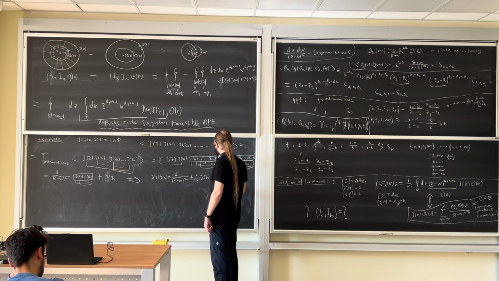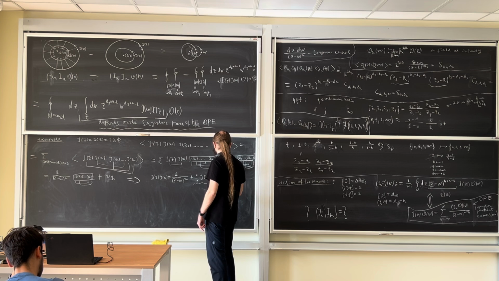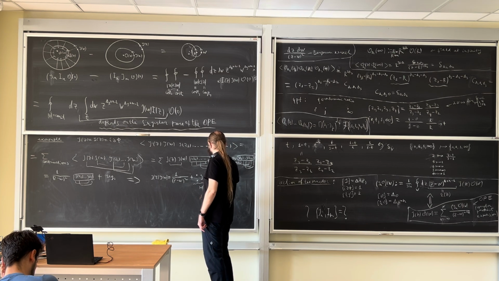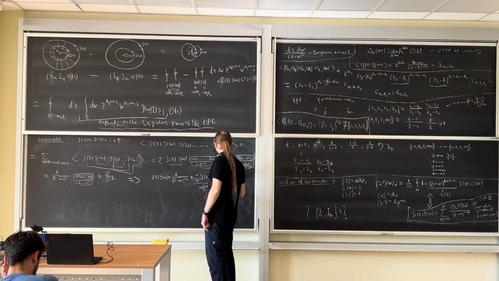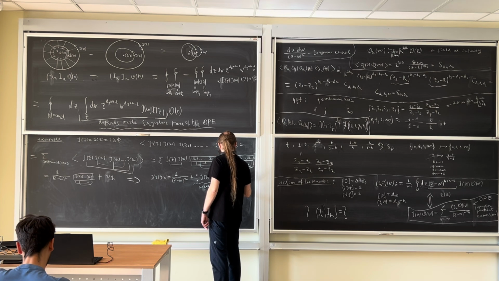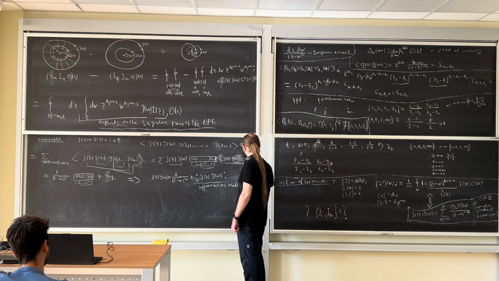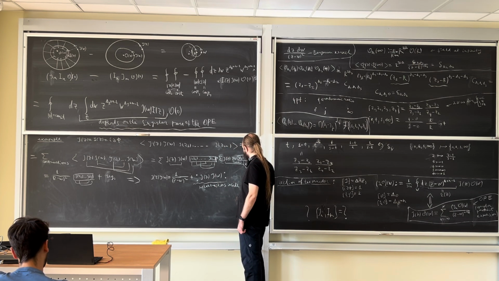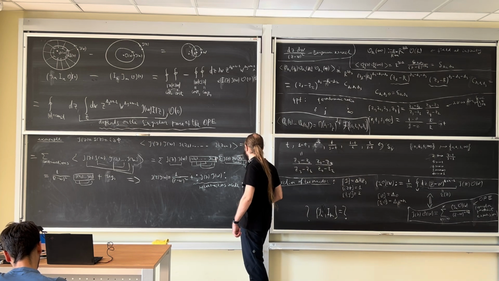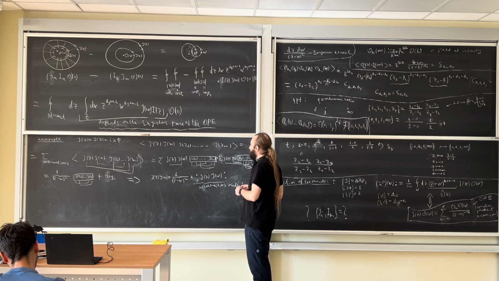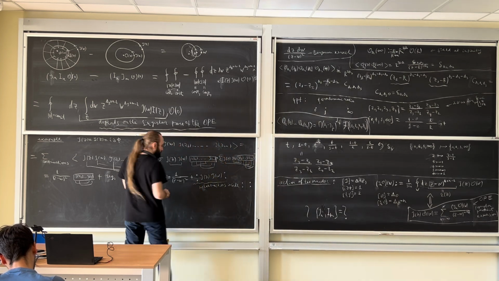So it's some new field of this form. And this symbol is called bosonic normal ordering.